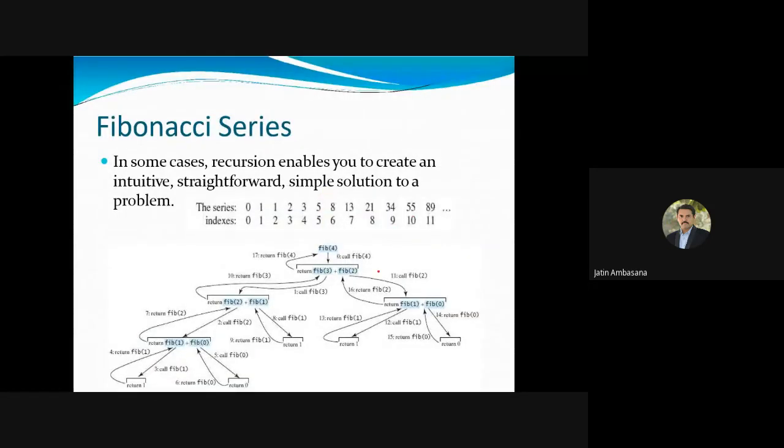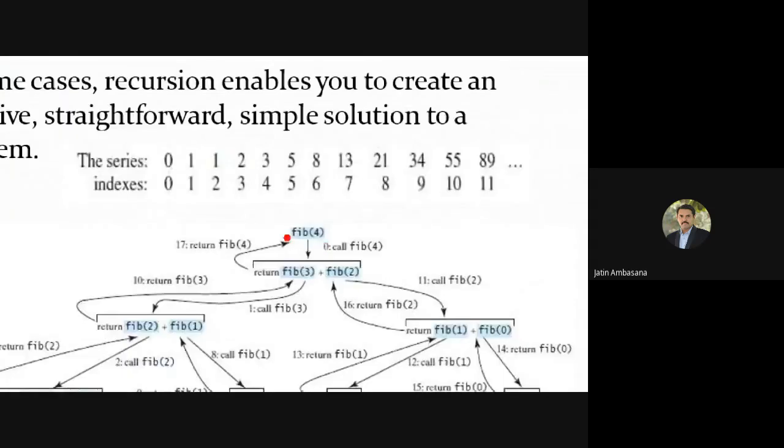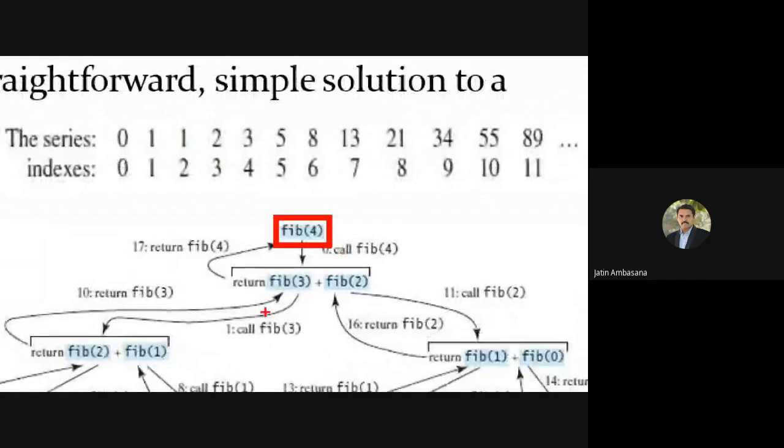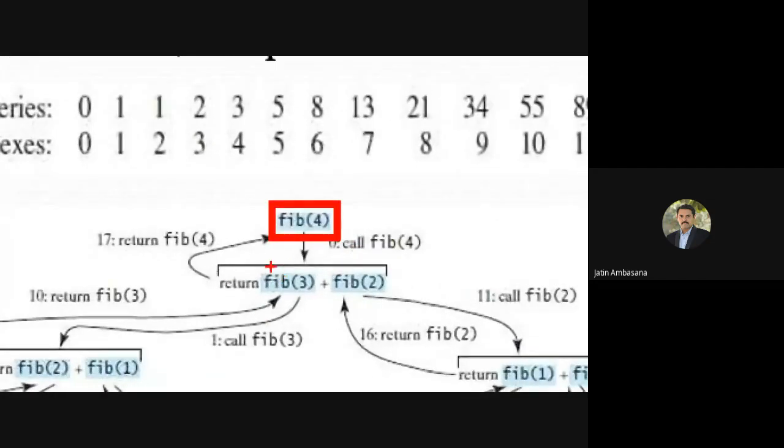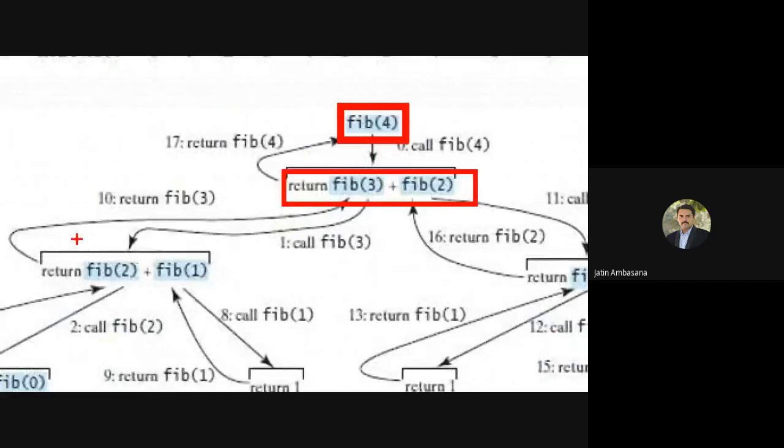So see, check this out. What we do over here, we say fib of 4, and this fib of 4 will do what? It will return fib of 3 plus fib of 2. Now you have to do your addition, not multiplication. So fib of 3 will call what?